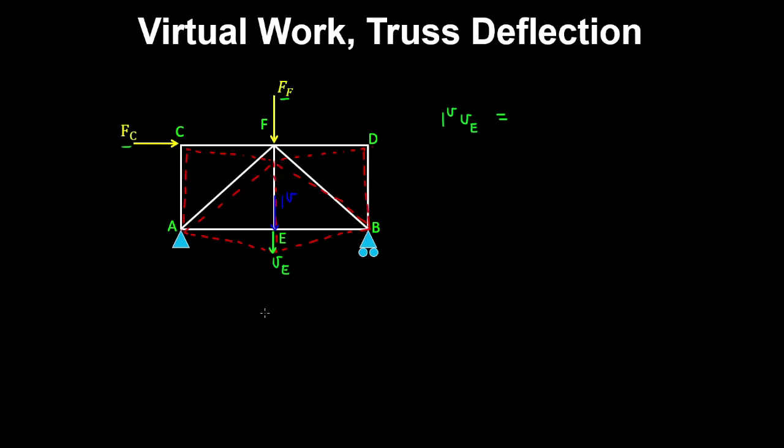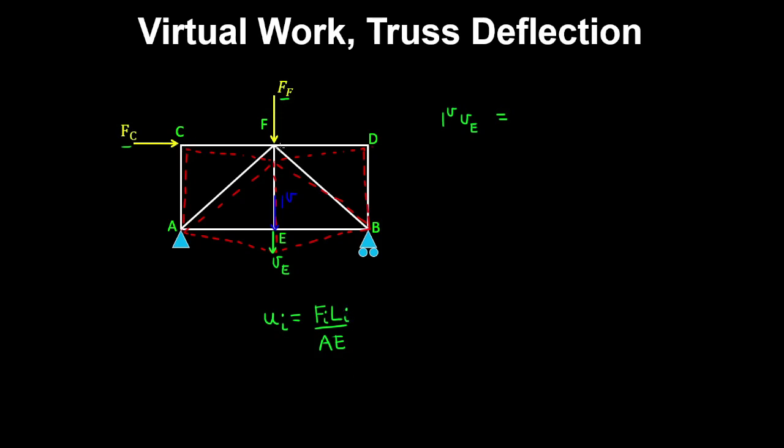And recall when we did an axial force analysis, we found that the deformation of one of the truss members, being a bar, is equal to the internal force in that member times the length of the member over the axial stiffness. So therefore for one of these bar elements, we can give them a subscript i.